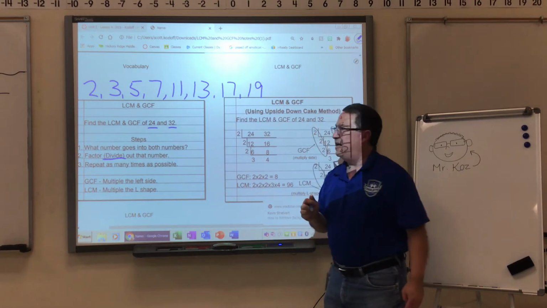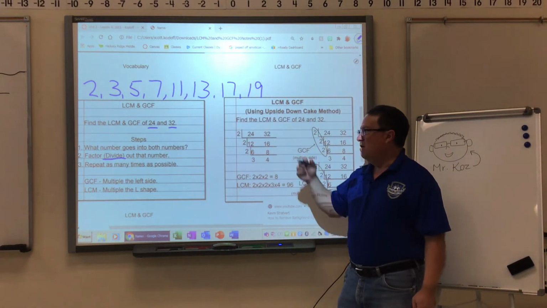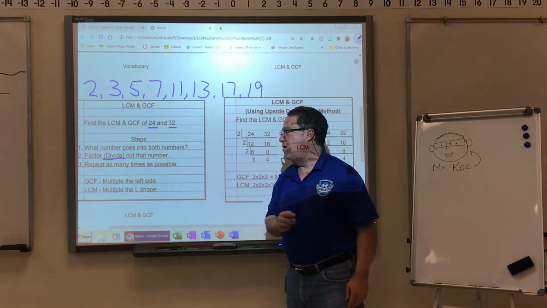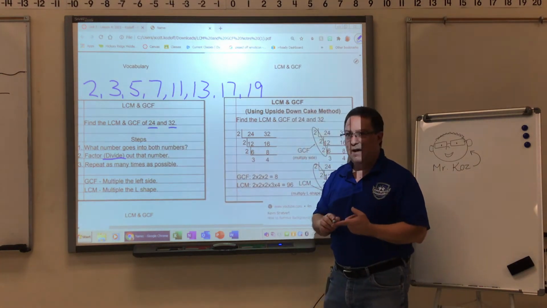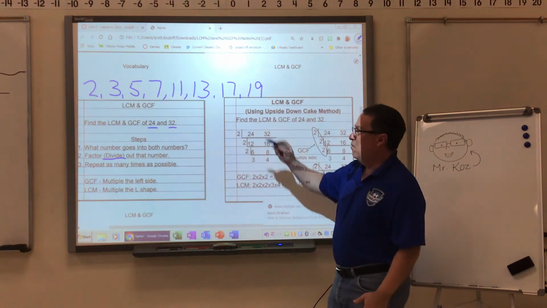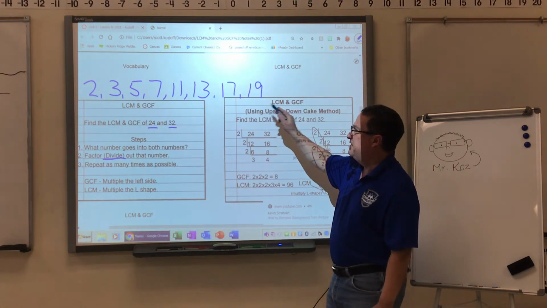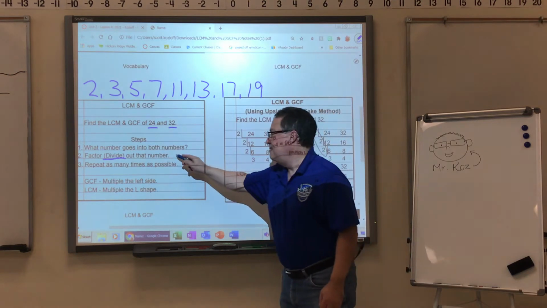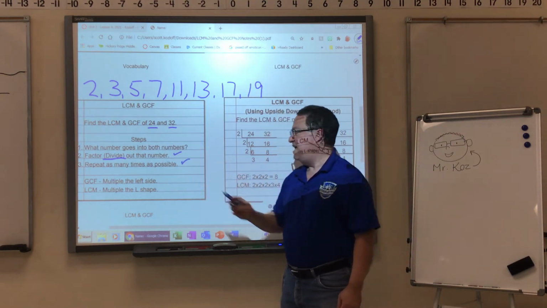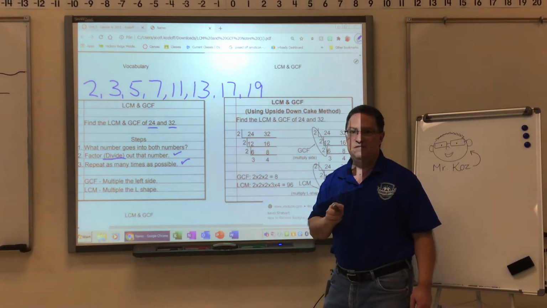Those are the first 8 numbers that will come up most often when you are factoring or dividing numbers that go into 2 numbers. Okay? So, 2, 3, 5, 7, 11, 13, 17, and 19, I'm going to divide those out, and then I'm going to repeat that as many times as possible.